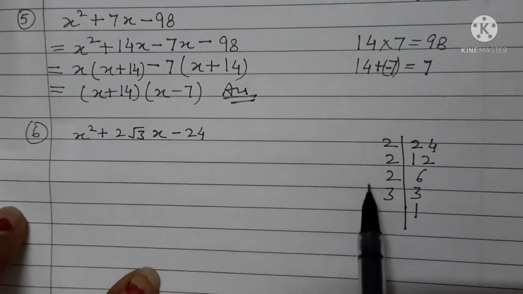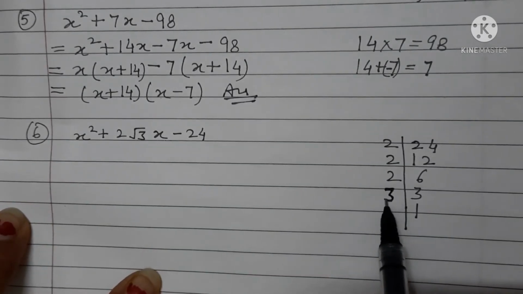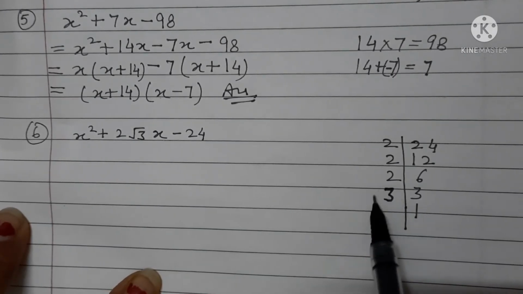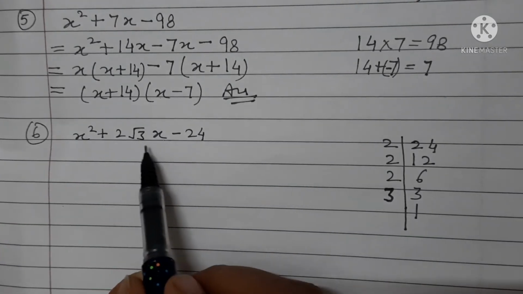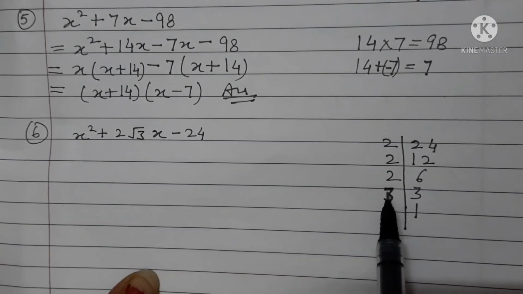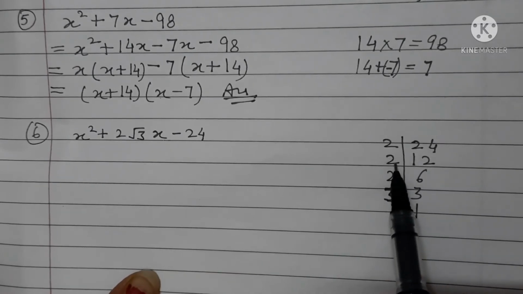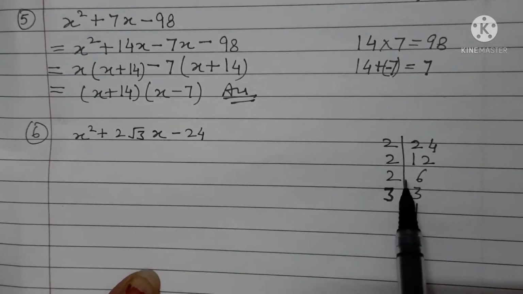Now taking factors, here 3 you will use as root 3 into root 3, so that root 3 you can find with this 3, and 2 2s are 4 and this 2. 4 minus 2 means 2.